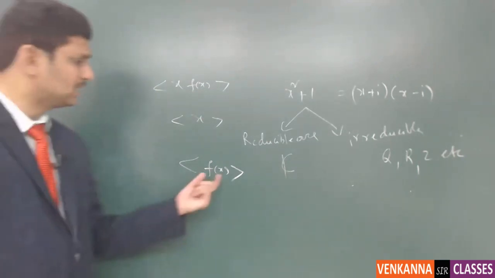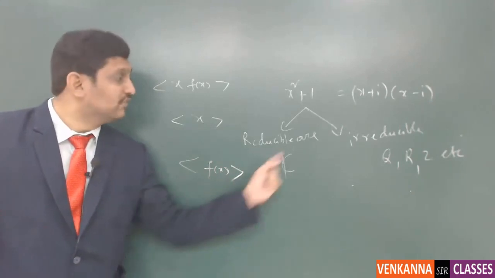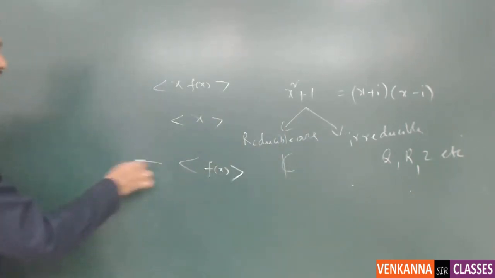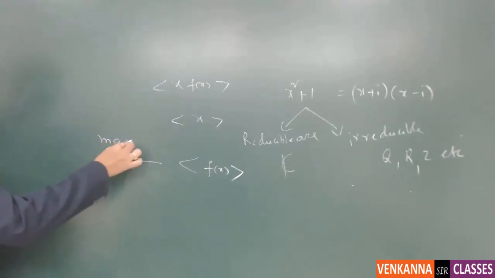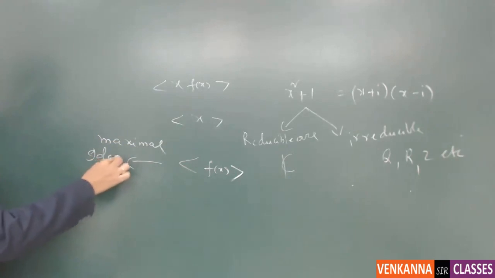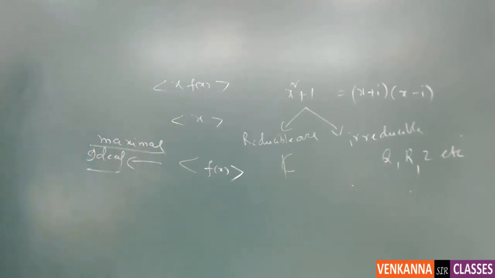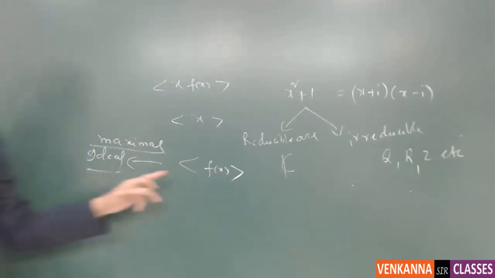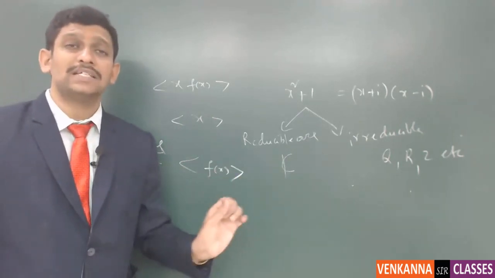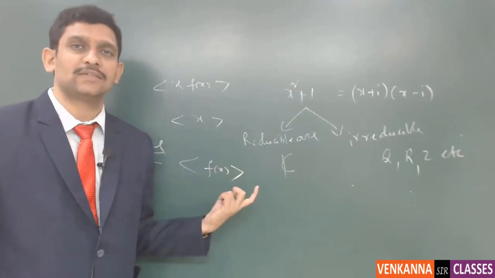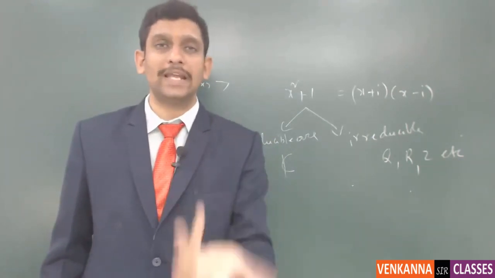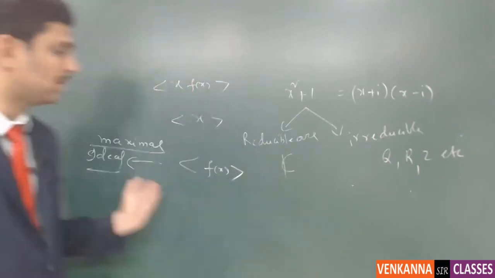Now what happens if you take an f of x which is an irreducible polynomial? Then this will become the maximal ideal. So if you take f of x as an irreducible polynomial and you consider all the multiples of f of x, all these multiples together constitute an ideal and that ideal will become the maximal ideal.